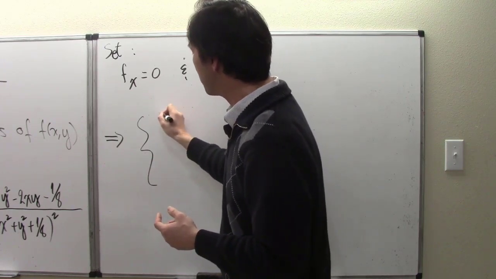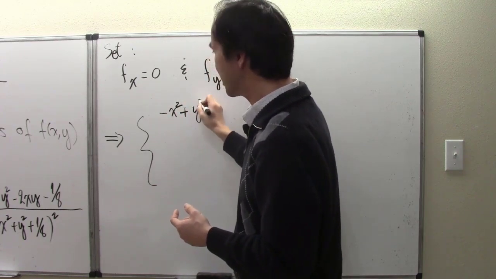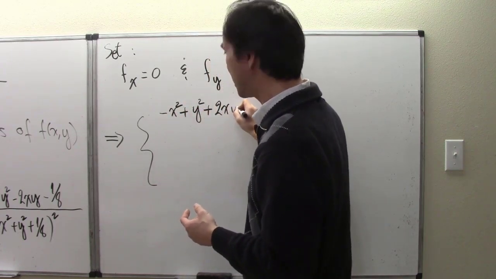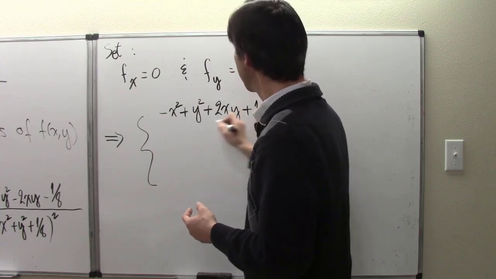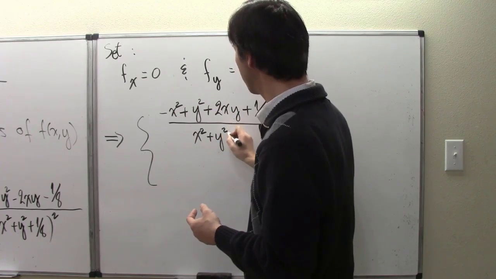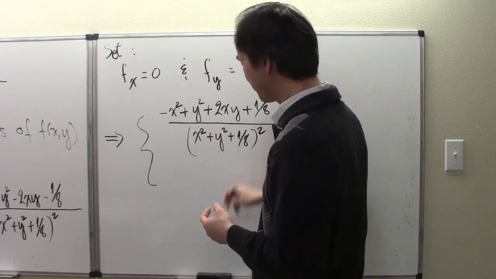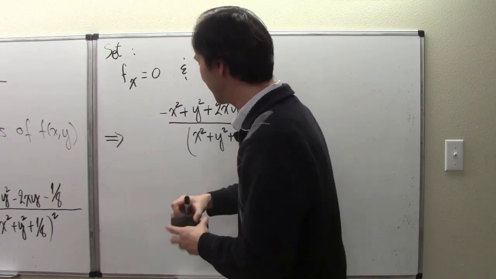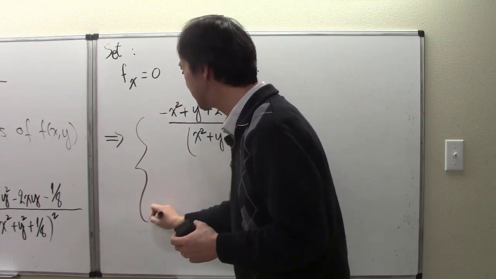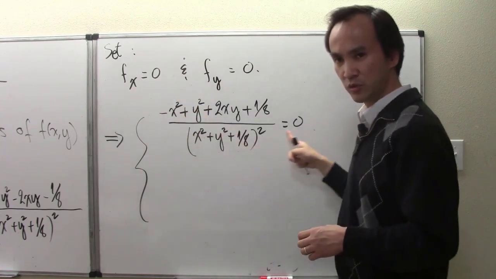How about minus x squared plus y squared plus 2xy plus 1/8, all over x squared plus y squared plus 1/8, all squared, equals 0. So we got one equation, and it looks like I'm going to need to extend this even further out. So this is the partial derivative with respect to x equals 0.